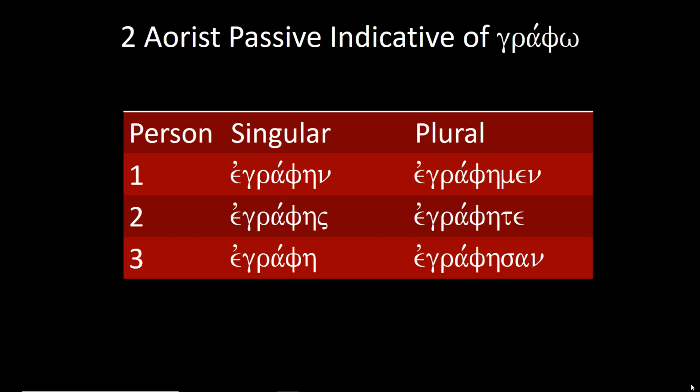We've got augment on front. Right towards the end where we expect to see theta eta, there's no theta, so all we're left with is the eta. Egraphein, egraphes, egraphe, egraphemen, egraphete, egrapheson. So for second aorist, you'll see augment at the beginning, and then you'll see simply eta rather than theta eta.